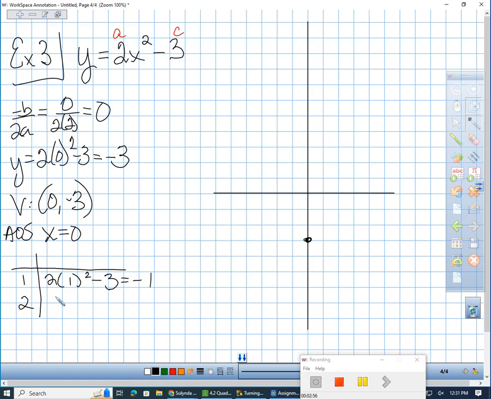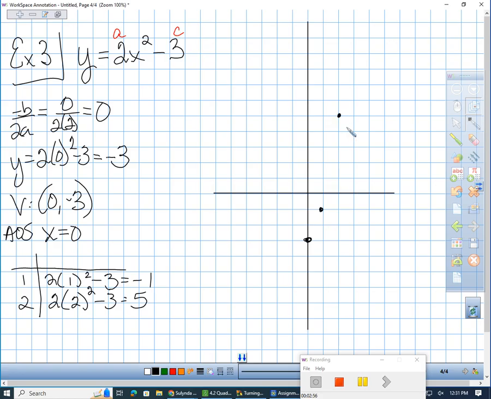And then I have 2 times 2 squared minus 3. 2 squared is 4, times 2 is 8, minus 3 is 5. So I go over here, I've got 1, negative 1, and 2, 5. 1, 2, 3, 4, 5.